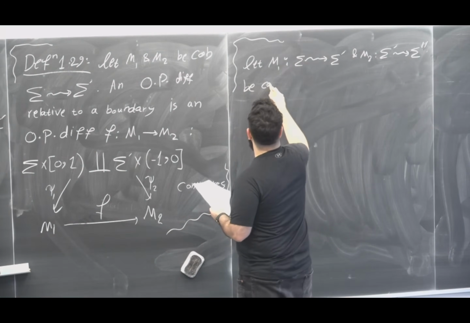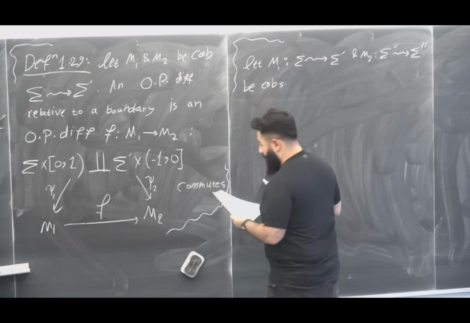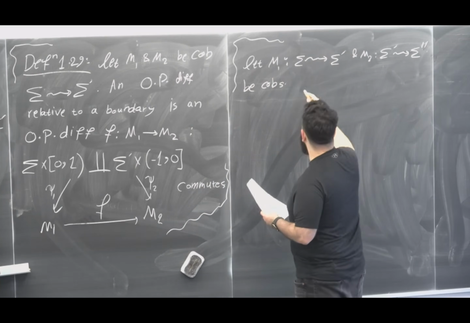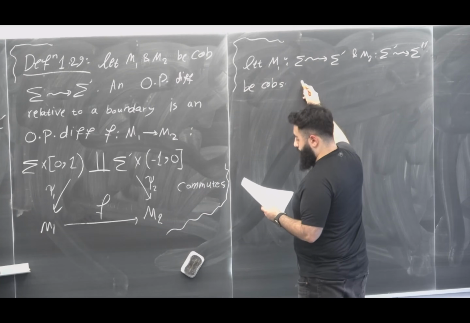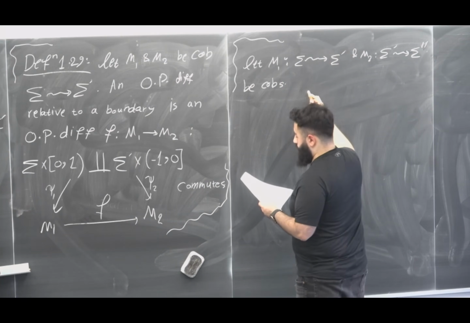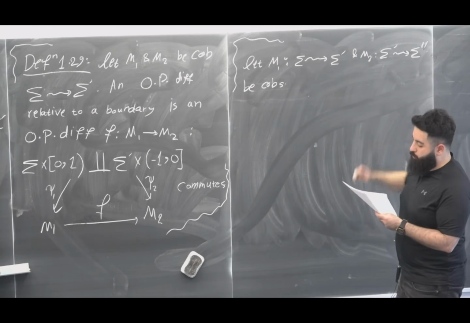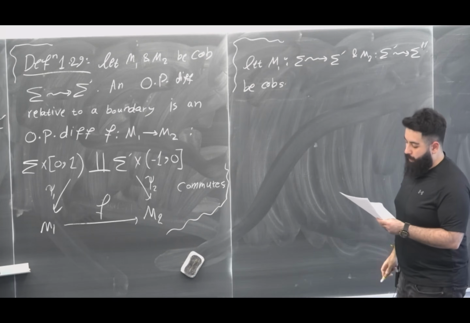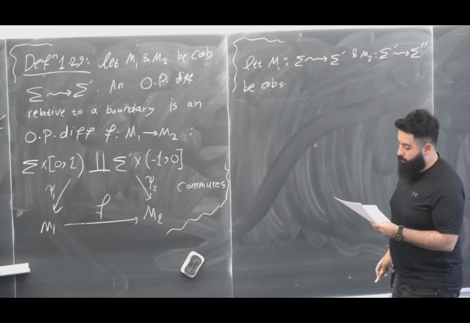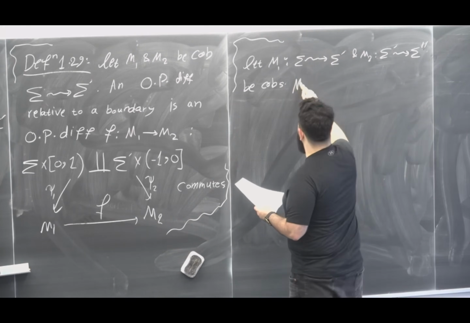Both cobordisms, and we define the composition of M1 with M2 as follows. The underlying topological space is this. I'll just write it down.